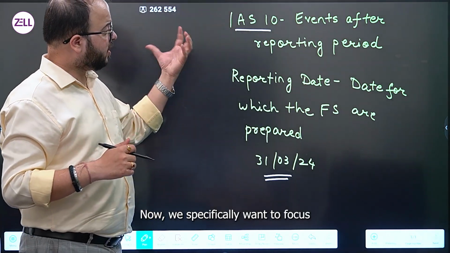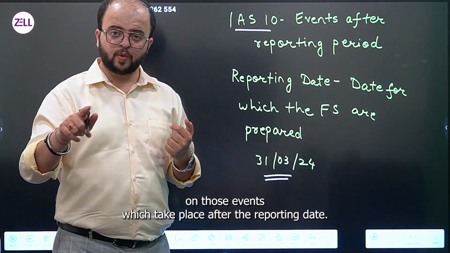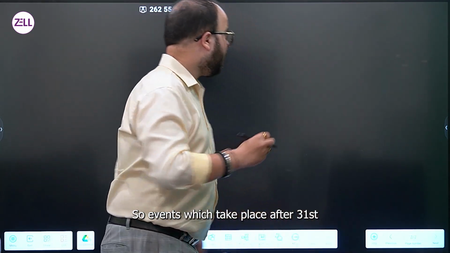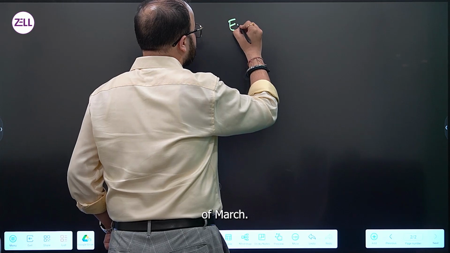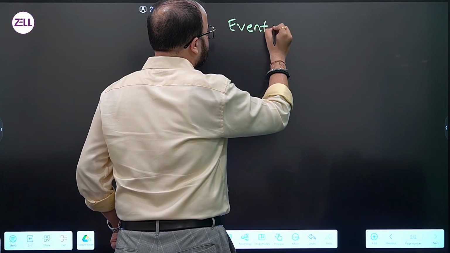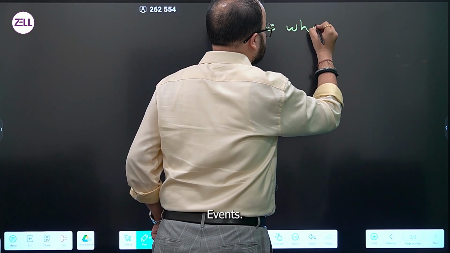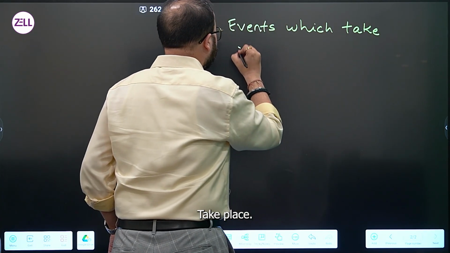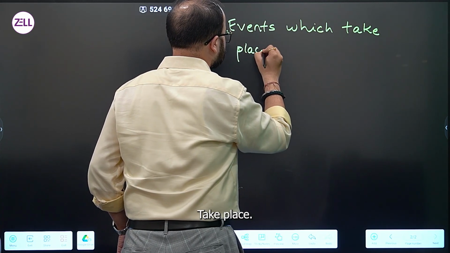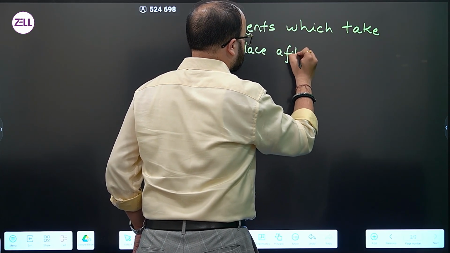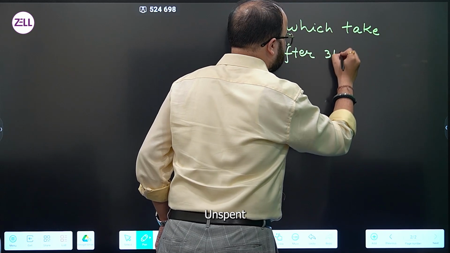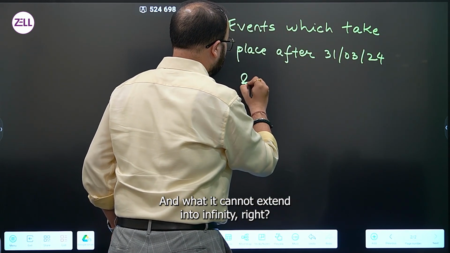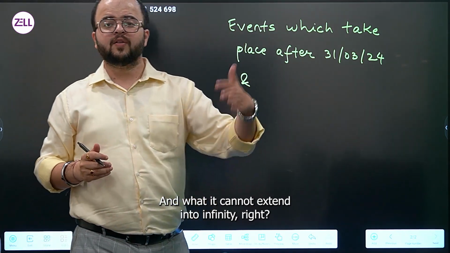Now, we specifically want to focus on those events which take place after the reporting date. So, events which take place after 31st of March, but it cannot extend into infinity, right?